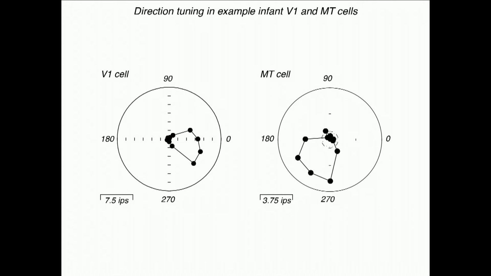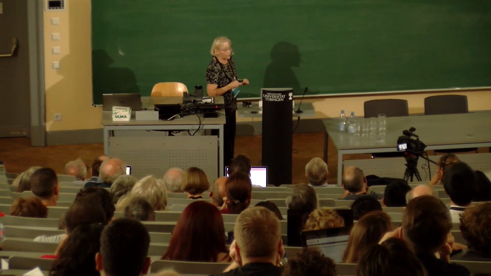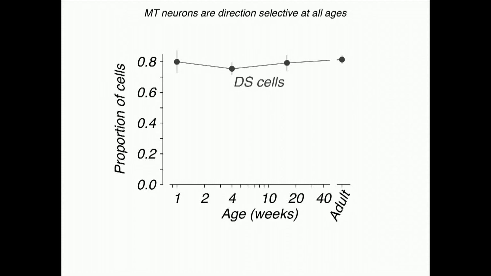And that means that even in 1-week-olds, neurons in MT, which in adults are more than 90% direction selective, are in infants as well. And this shows direction selectivity as a function of age in that series, and you'll see it largely does not change.